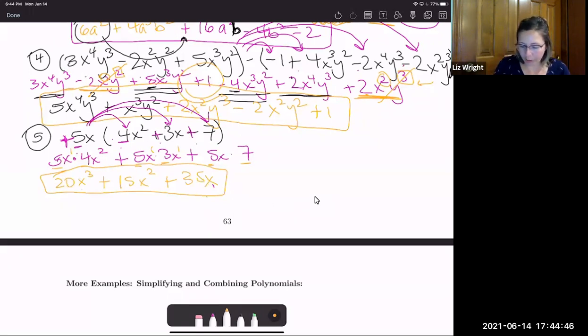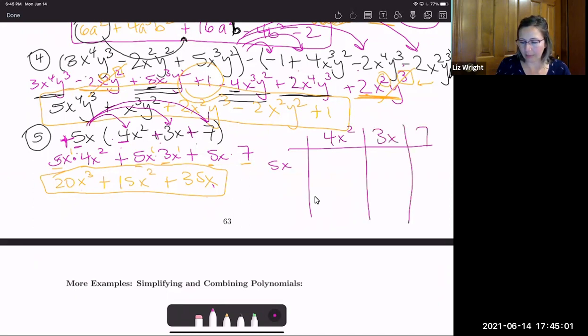One other way I want to show you, and I'm going to show you this other way on other problems, is that we can do something called the table method. And so maybe I put the 5x on this side, and then I do 4x squared, and then I do 3x, and then I do 7. And so here in this box, I would do 5x times 4x squared, and that gives me 20x to the third.